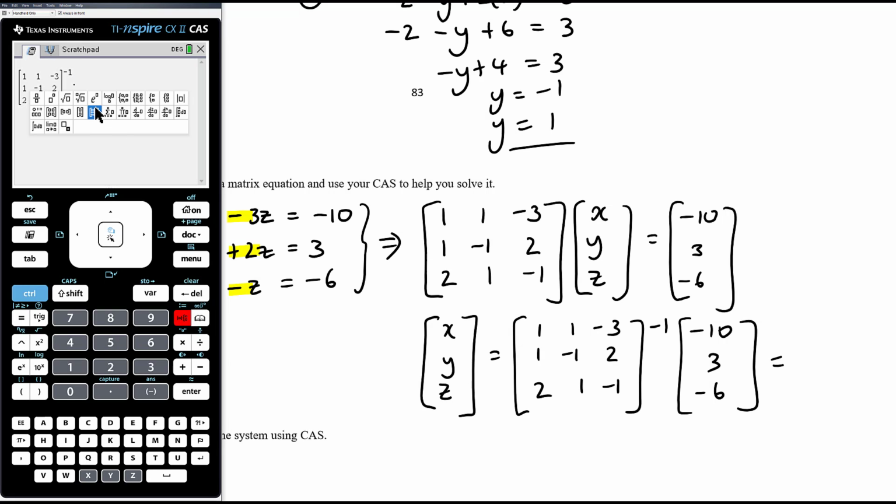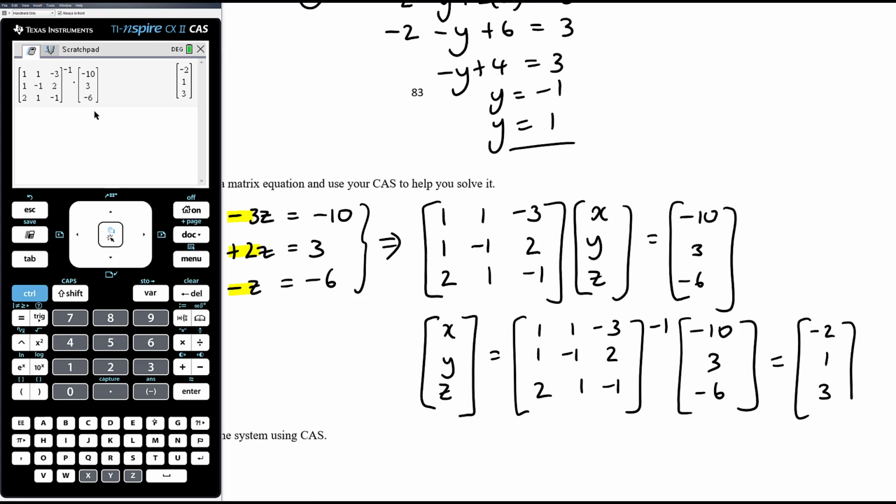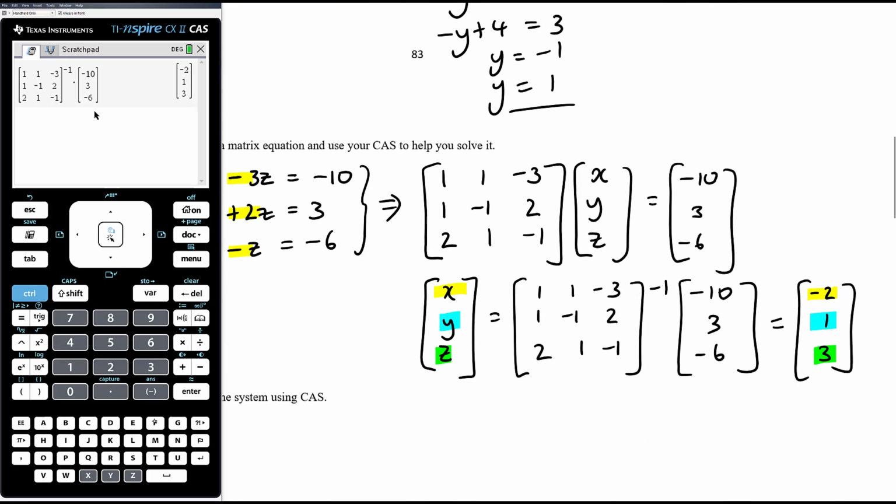So again, we go to this general matrix here, change that to 3 by 1, and then negative 10, 3, and negative 6. And we get negative 2, 1, 3, which means that x is equal to negative 2, y is equal to 1, and z is equal to 3, which was what we got before.